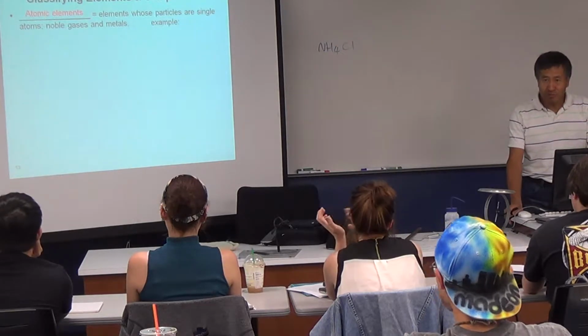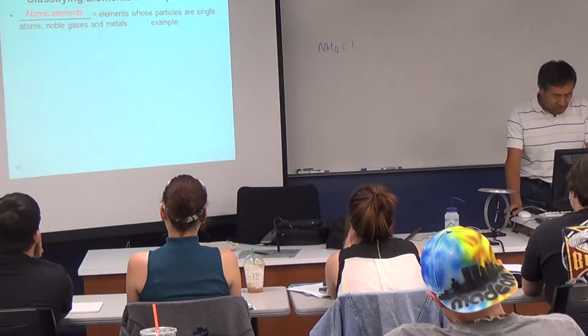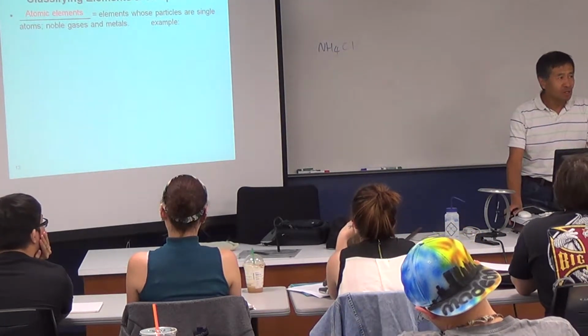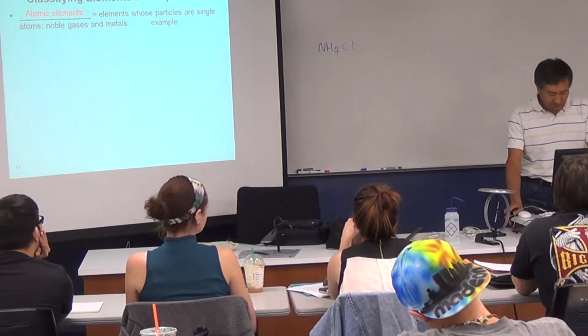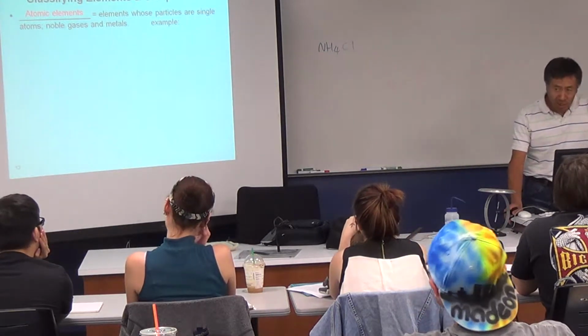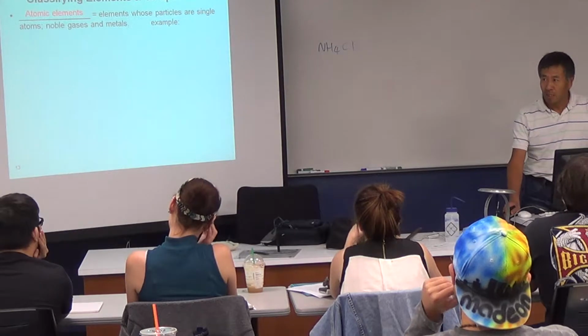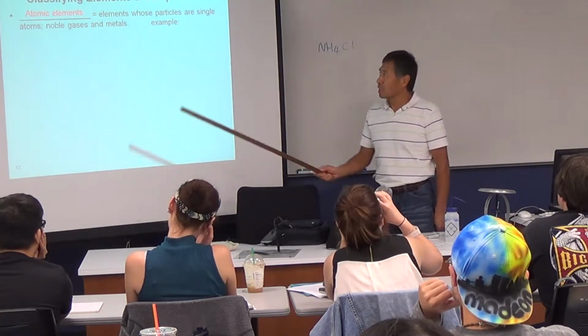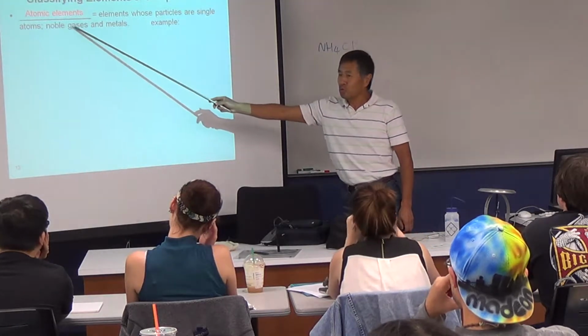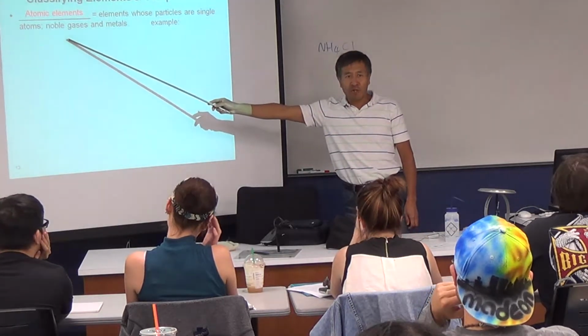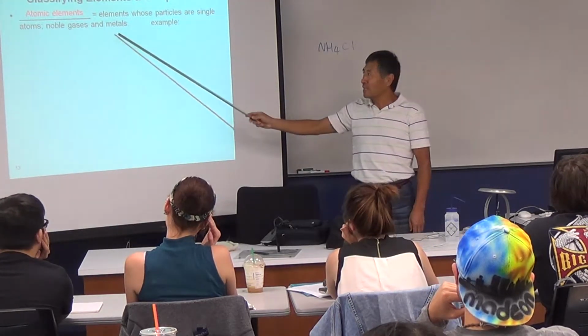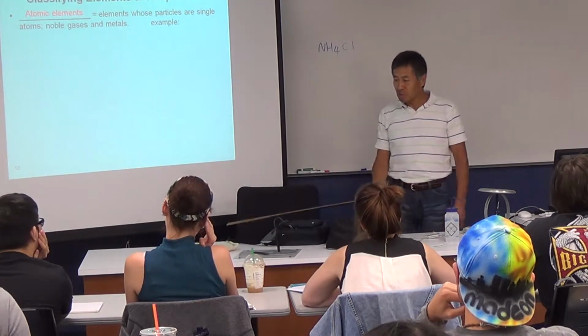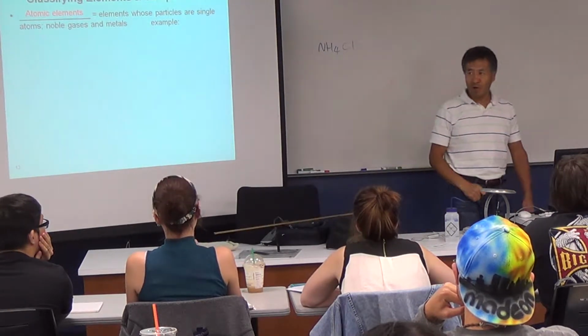Well, let's see some examples. Do you know some examples of atomic elements? I give you two groups. One group is what? Noble gas. The other group is what? And also give me some examples of noble gas.